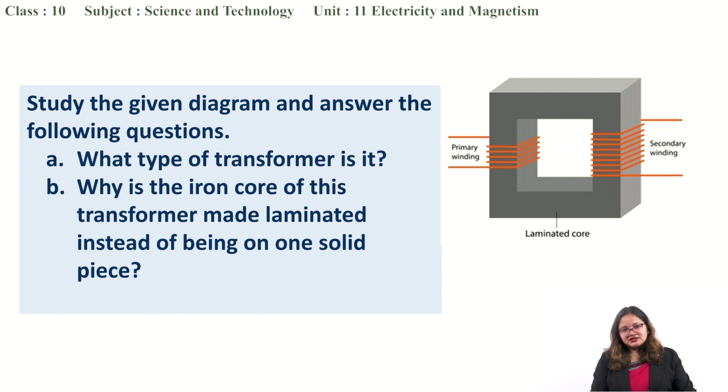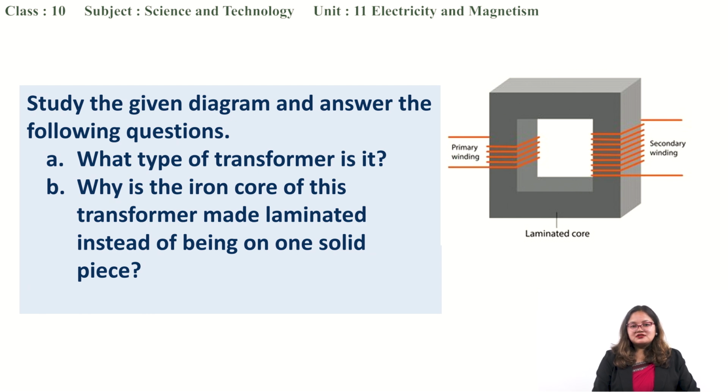This one is a diagrammatic question, which is a very common question for grade 10. Study the given diagram and answer the following questions. A. What type of transformer is it? You can figure it out by looking at the number of turns. And question B, why is the iron core of this transformer made laminated instead of being one solid piece?